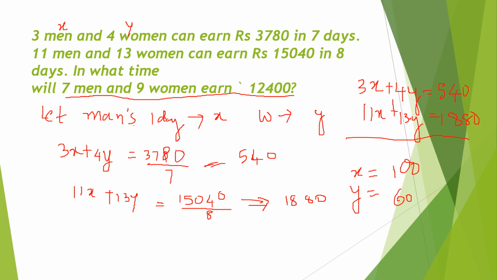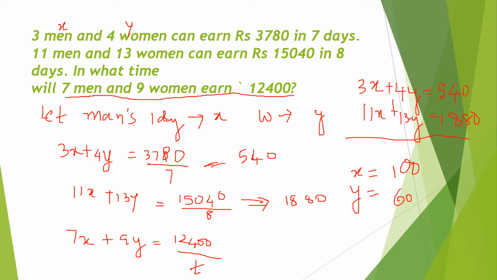So you have the equation here, 7x plus 9y. At what time? You have 12,400 divided by the number of days, which we need to find. That can be put as t, right?